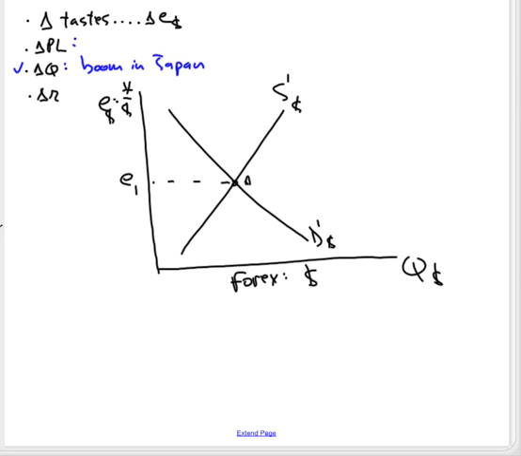Well, the rule of thumb to keep in mind, just a handy way to remember it, is that any boom sucks in imports. A fancy way of saying that the marginal propensity to import is greater than zero.